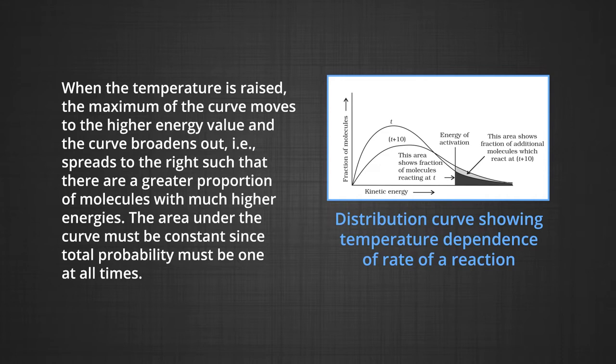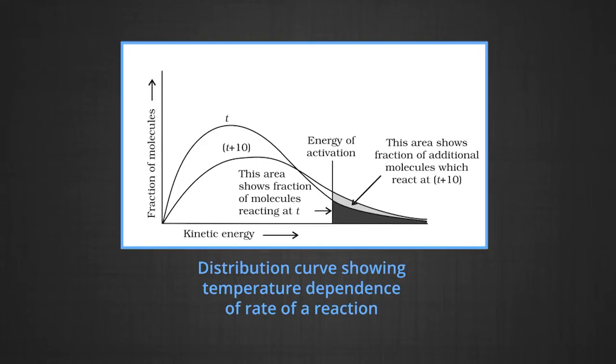We can mark the position of EA on the Maxwell-Boltzmann distribution curve. Increasing the temperature of the substance increases the fraction of the molecules which collide with energies greater than activation energy. It is clear from the diagram that in the curve at T plus 10 degrees Celsius, the area showing the fraction of the molecules having energy equal to or greater than activation energy gets doubled, leading to a doubling of the rate of reaction.